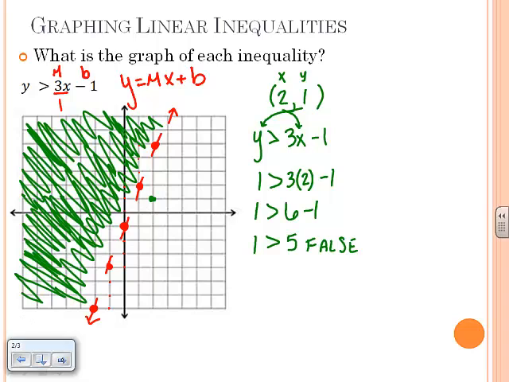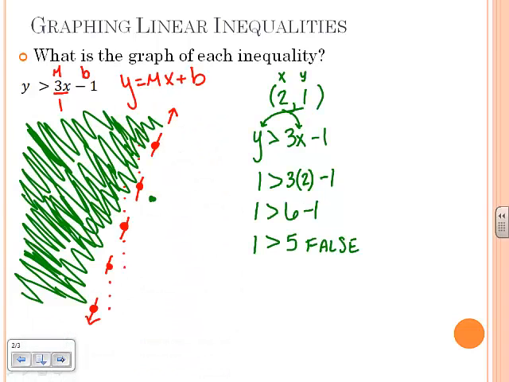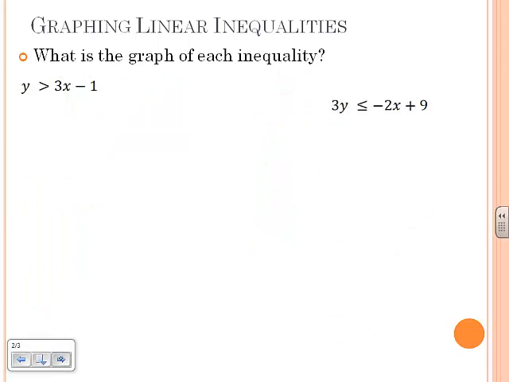Let's look at another example. 3y is less than or equal to -2x plus 9. This one is not in the form we need it to be.